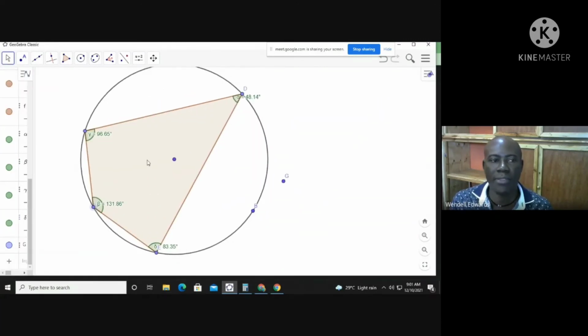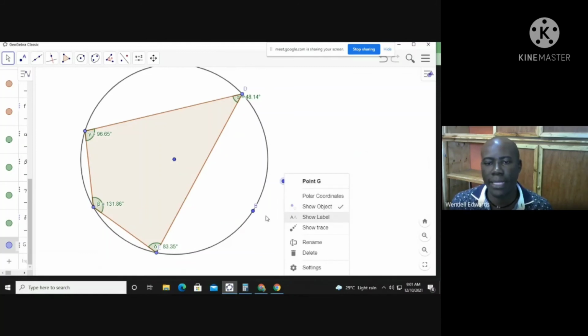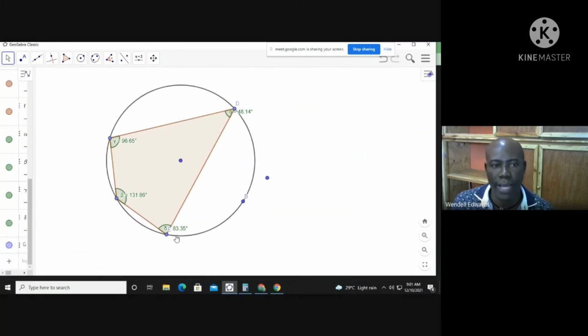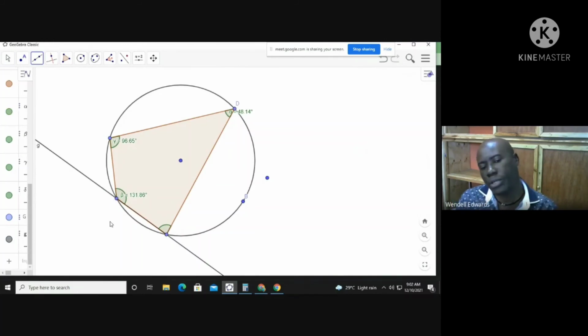Now there is one other thing here on the cyclic quad that is very important. If we have an external angle, I'm going to create a line. I extend this line here, and let me put a point somewhere on this for notation.